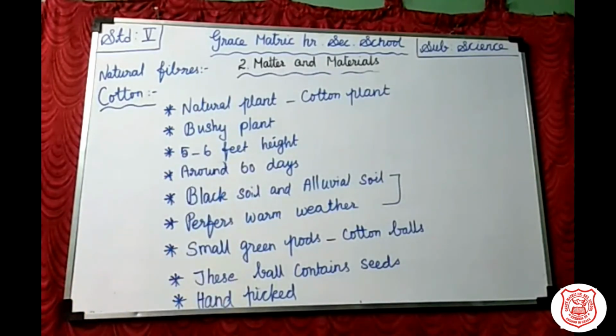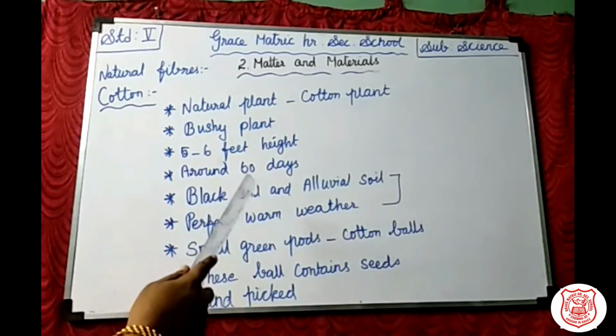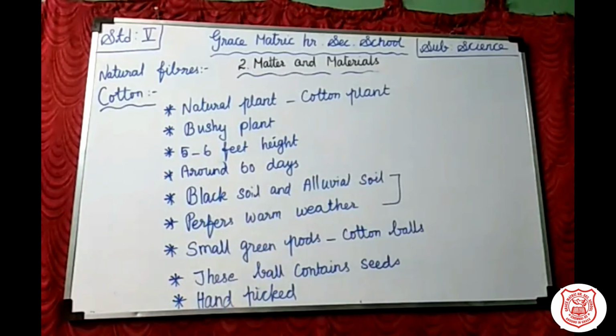It takes around 60 days to grow. It grows in black soil and alluvial soil and prefers warm weather also. Warm climate and black soil, these are the two requirements to grow the cotton plant nicely.